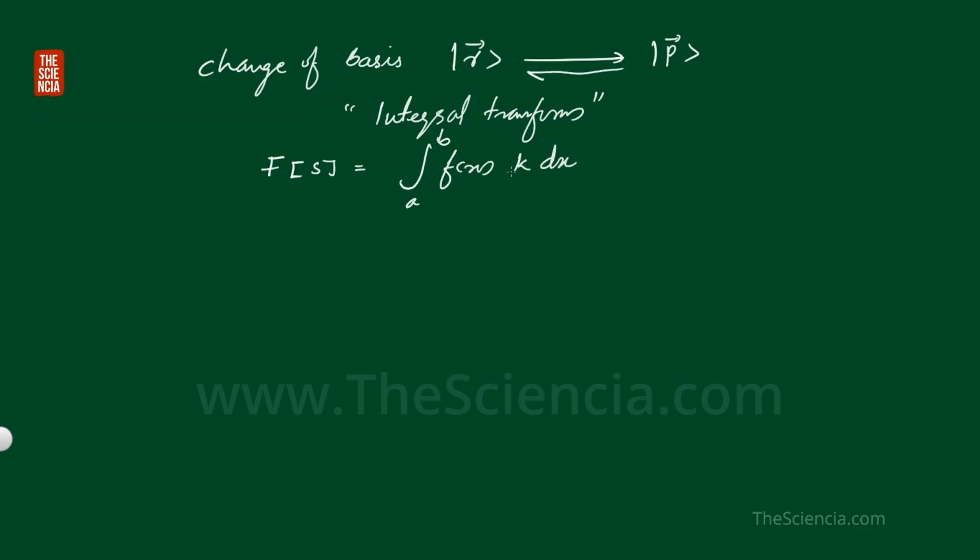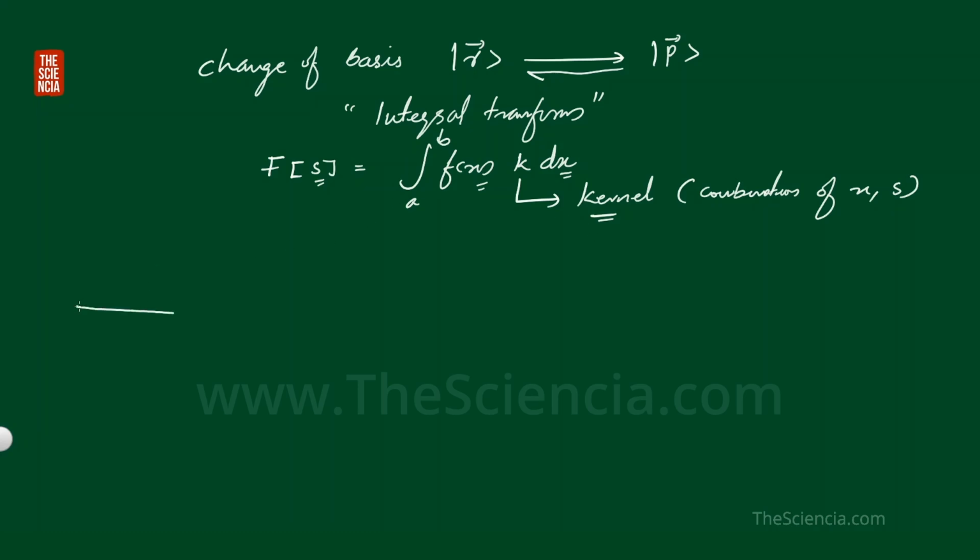This is the general expression for integral transform, where K is called the kernel. So the kernel will change from x coordinate to s coordinate. So the kernel will be a combination of x coordinate and s coordinate.